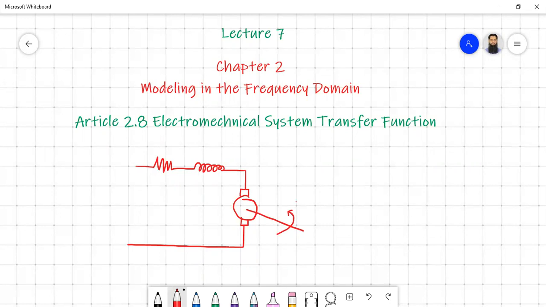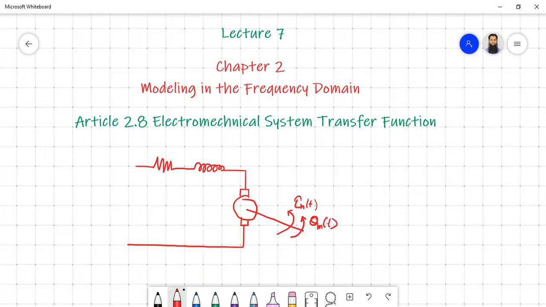This may have a torque T_m(t) and the corresponding angle, or angular movement, or angular velocity. We start with theta, then we'll also see how to deal with angular velocity.